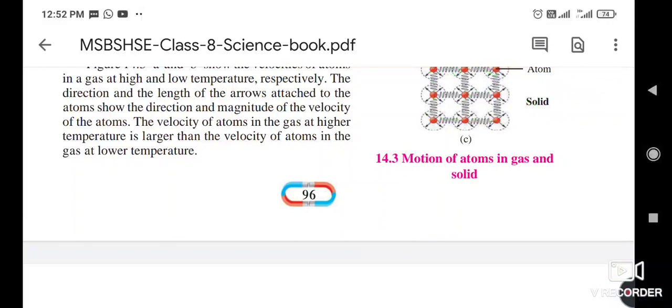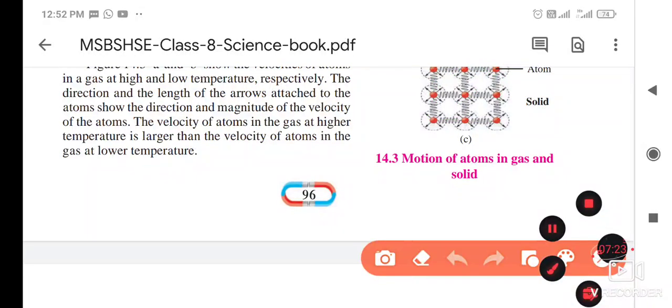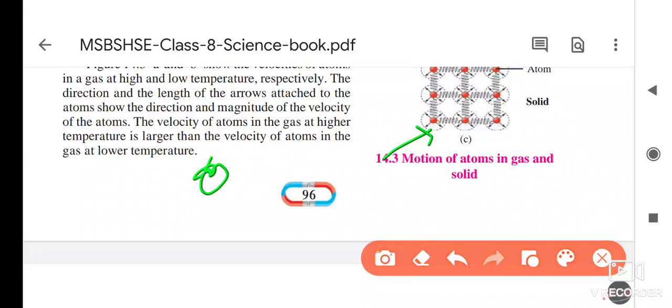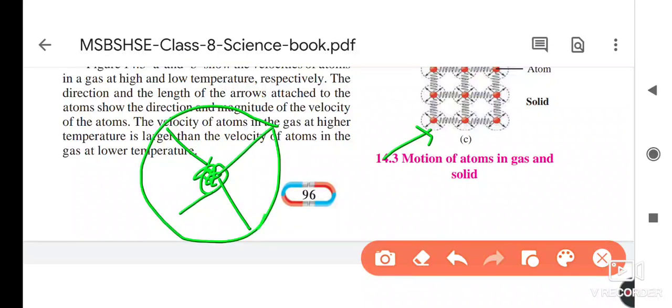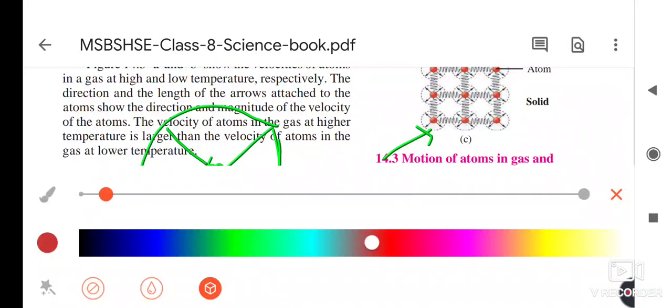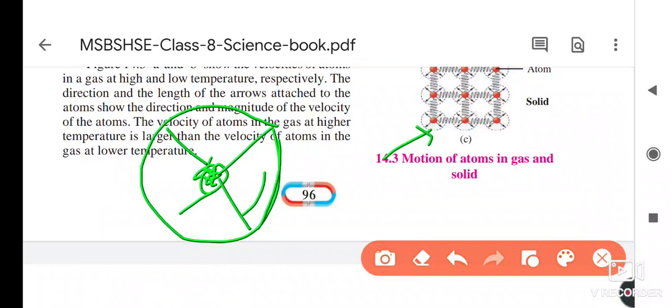So each molecule oscillates about a particular position, along this line and this line.